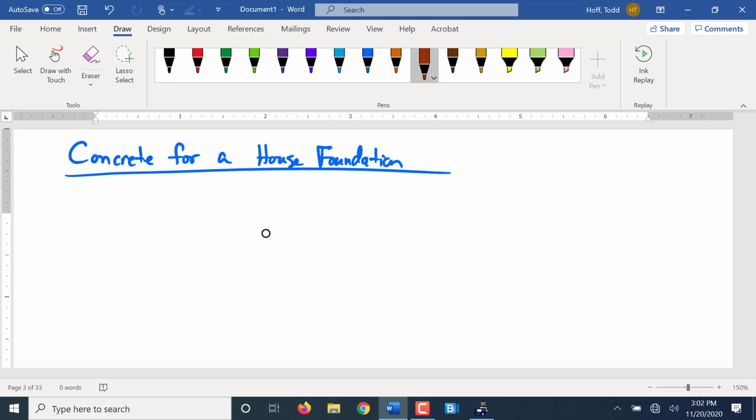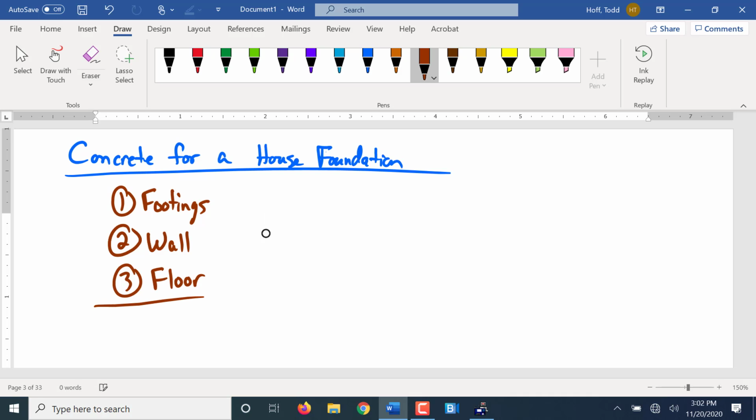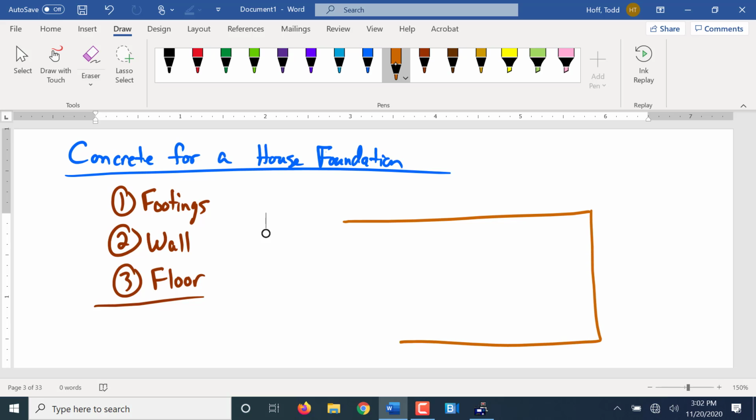One is the footings, second is the wall, and third is the floor. So if we have a foundation, let's say that this is going to be 32 by 44 feet.